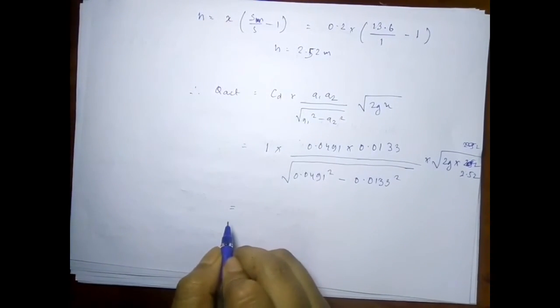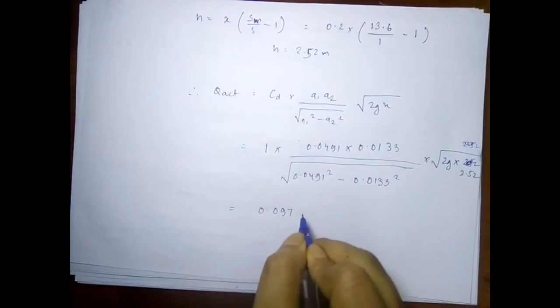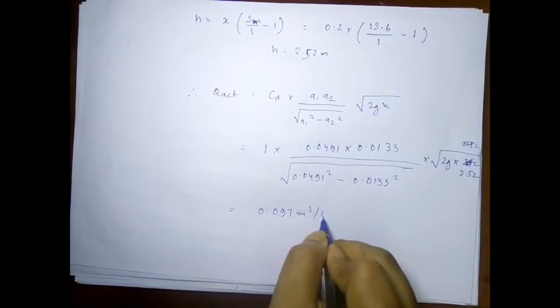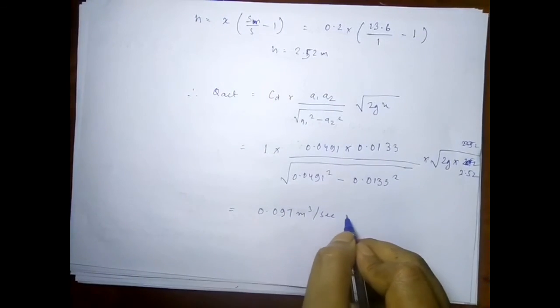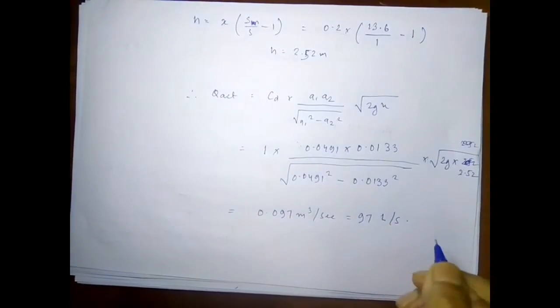Therefore I will get Q actual is equal to 0.097 meters cube per second, which is equal to 97 liters per second.